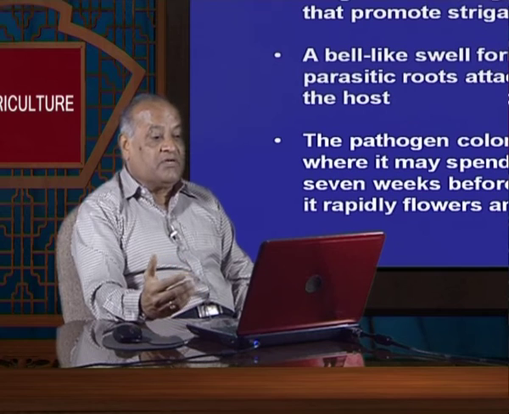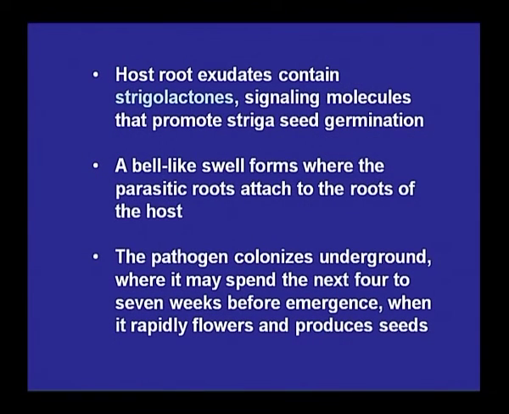Host root exudates contain strigolactones, that is signaling molecules that promote striga seed germination. Without strigolactones, seeds never germinate. A bell like swelling forms where the parasitic roots attach to the roots of the host. The pathogen colonizes underground, where it may spend the next 4 to 7 weeks before emergence, when it rapidly flowers and produces seeds.